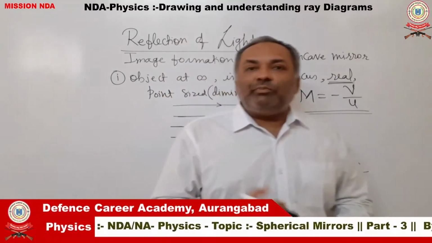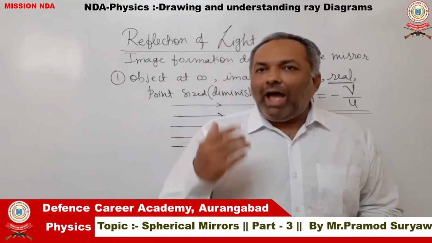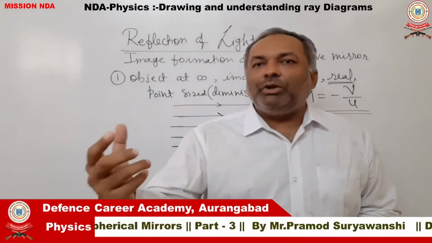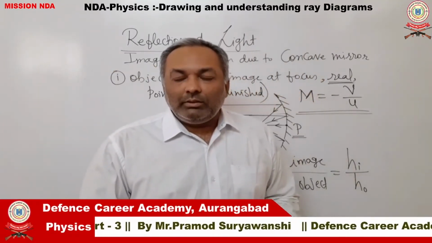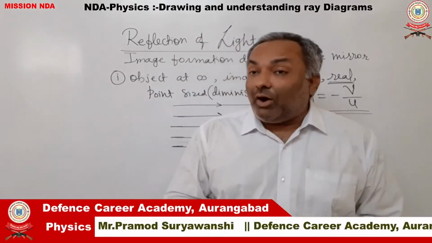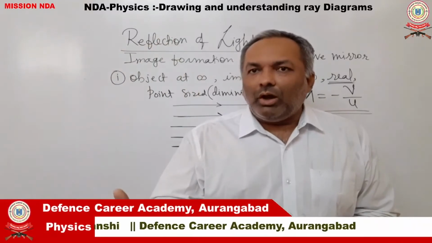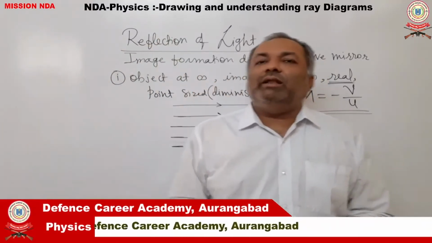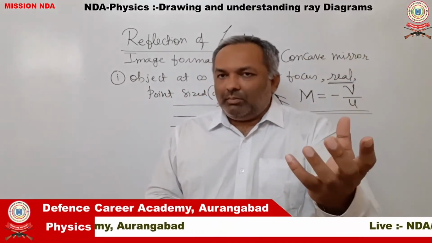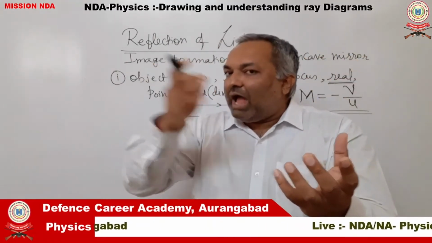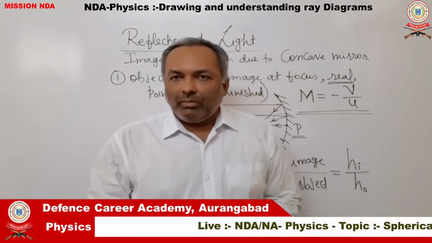Human vision is designed so that if I am receiving rays of light from one particular object in one particular direction, my brain concludes that the object has to be in that direction, in that position, because the rays are reaching from that direction only. So it may happen that the actual object is here, but I am receiving rays from there, and I will see the object in that direction, somewhere there.